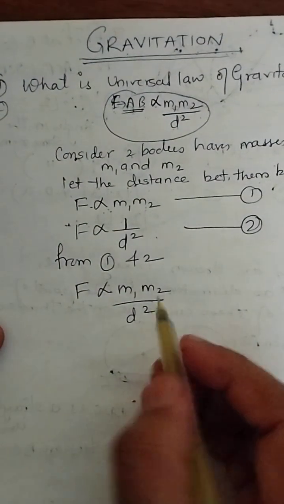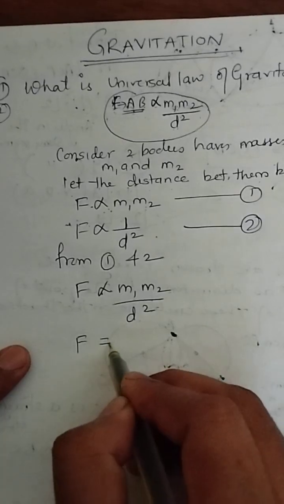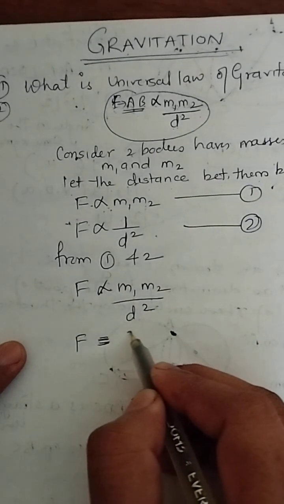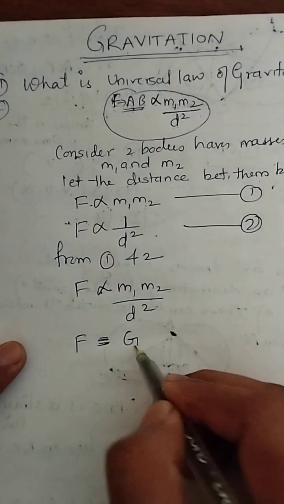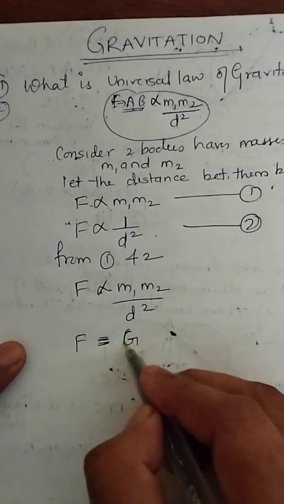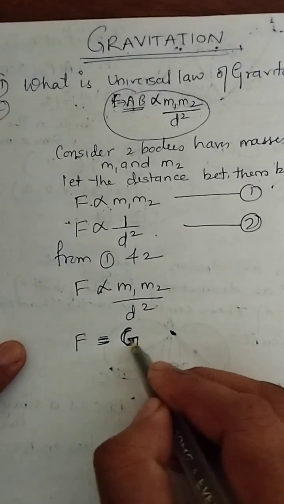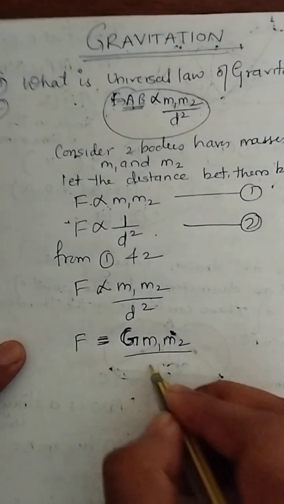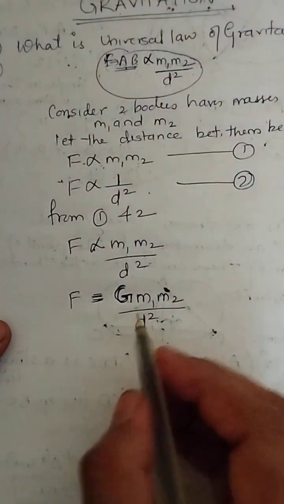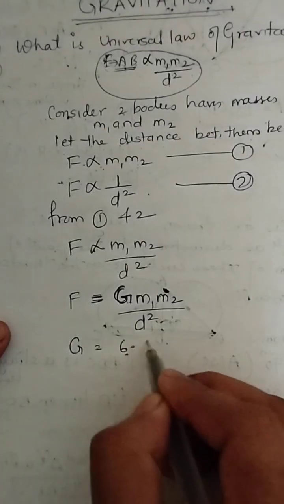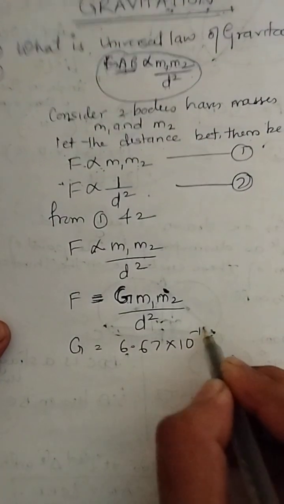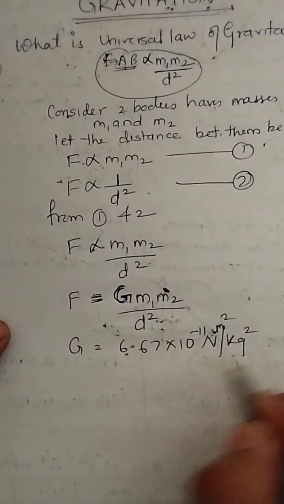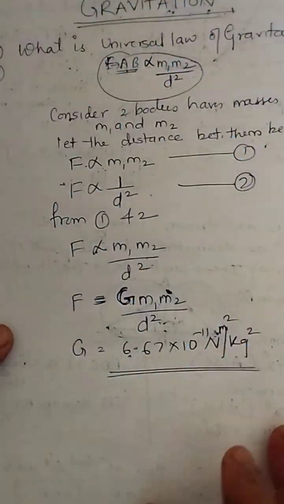Then we change this into an equality by putting a constant, the gravitational constant G, because it is all governed by this gravitational force. So F is equal to G m1 m2 divided by d squared, where G is 6.67 into 10 to the power of minus 11 Newton meter square per kg square. So this is the universal law of gravitation.